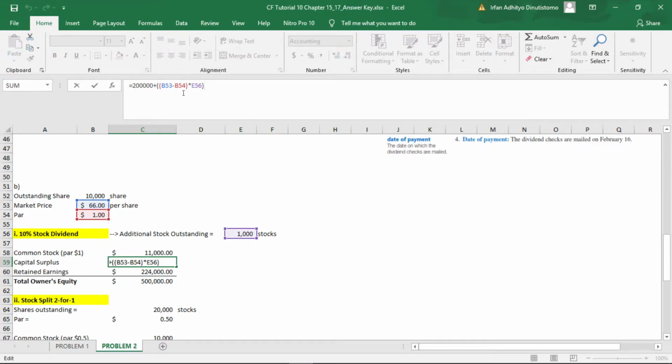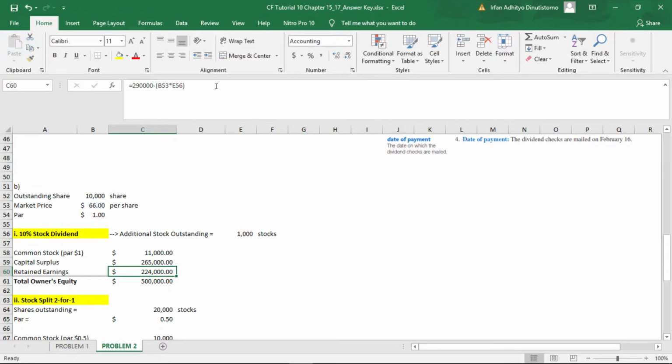So in total, this is the expense of the capital surplus that the company gained. They increase the capital surplus because the ownership of the stock increases.